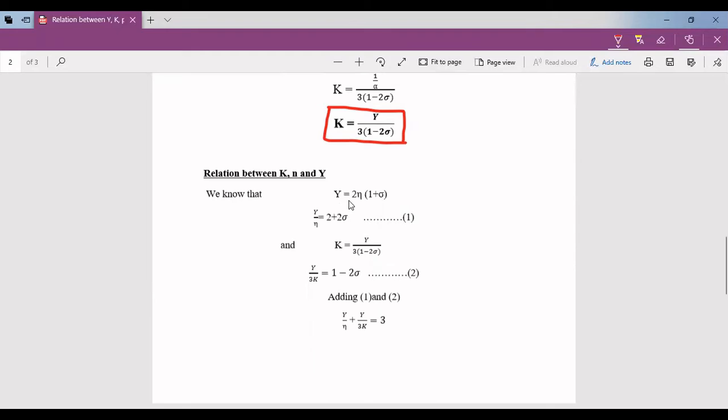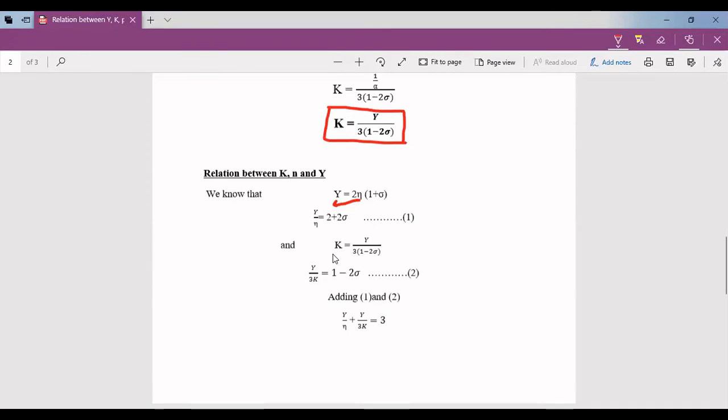Y will be equal to 2 into eta into 1 plus sigma. You take eta to the denominator to Y, so that Y by eta will be equal to 2 plus 2 sigma. Open the bracket and write 2 into 1 is 2, plus 2 into sigma is 2 sigma. Let us call this expression 1.